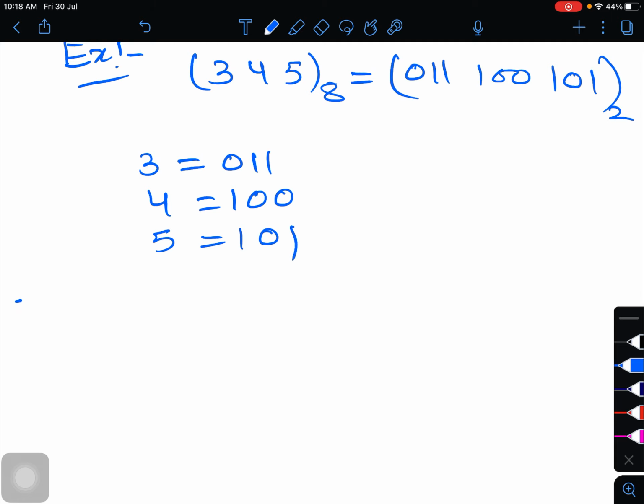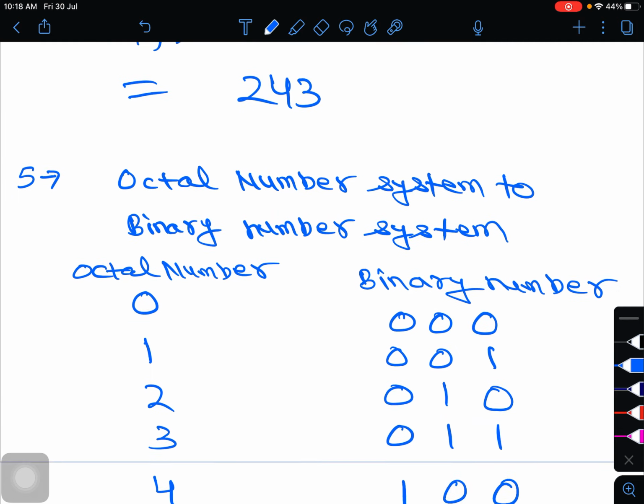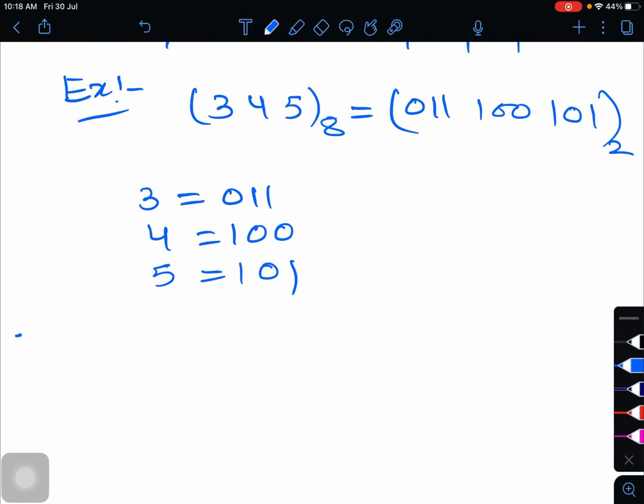Now last for today's lecture, binary number system to octal number system.